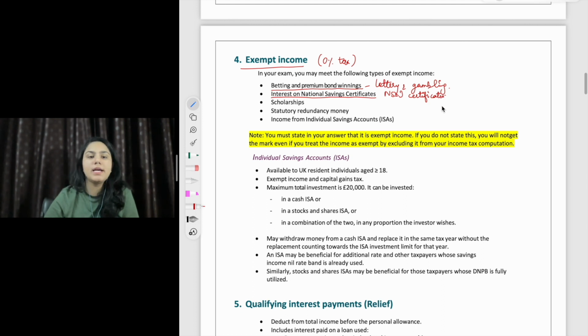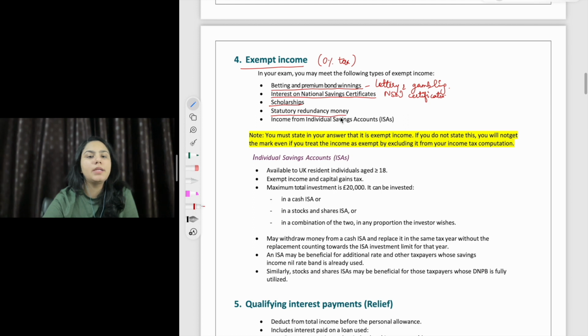National savings certificates are an investment option given by the government, where individuals can invest their money, and any interest received on them will be tax free. Then any scholarship that you have earned, either for your professional degree, graduation, or masters, is tax free.